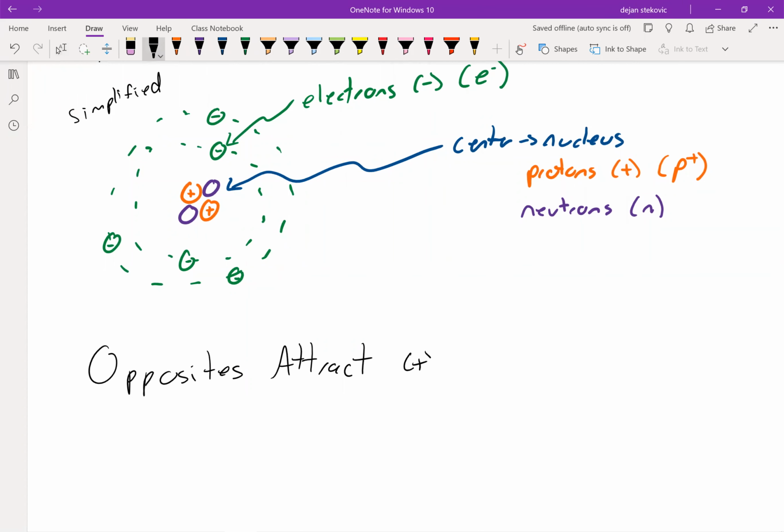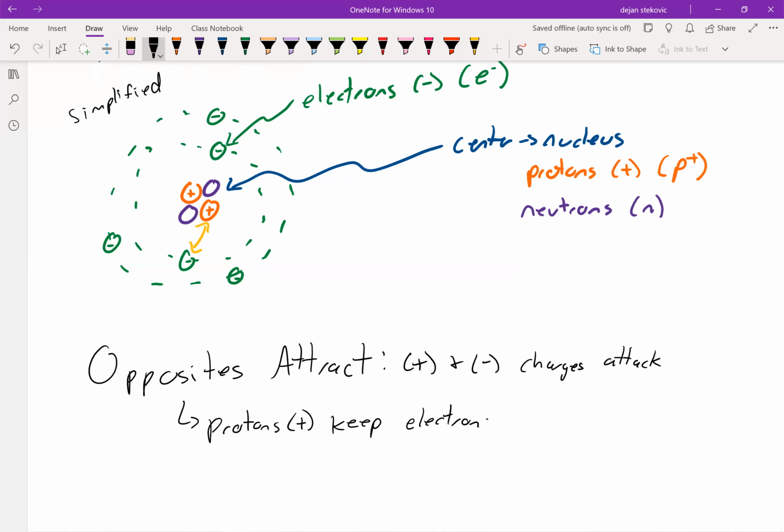These positive and negative charges attract. So what's keeping these electrons from flying away is that they are attracted to the positively charged protons.